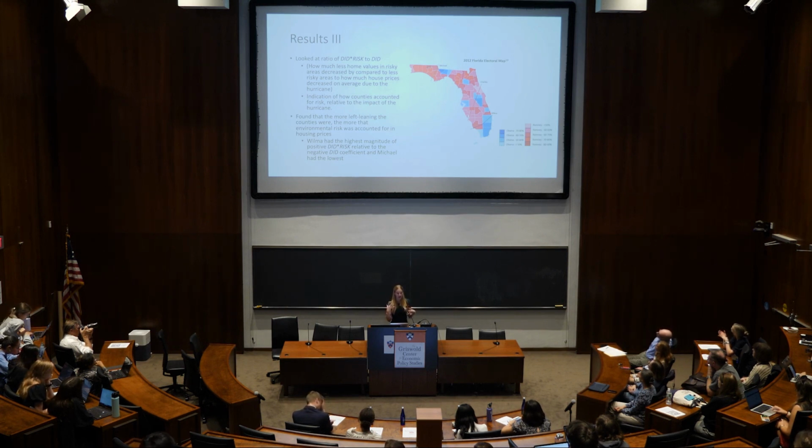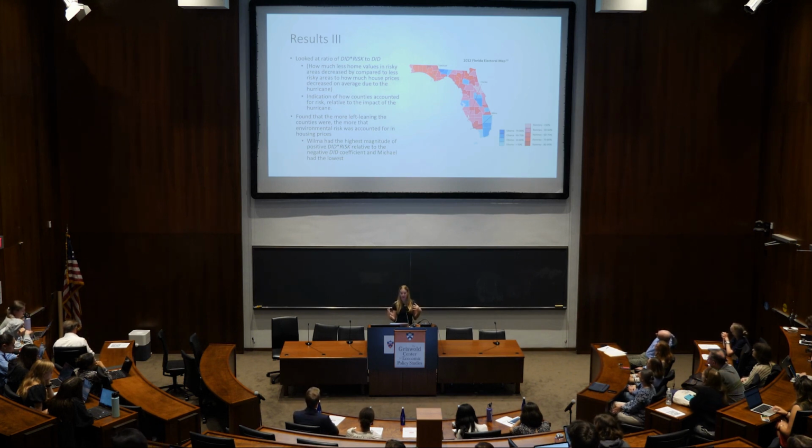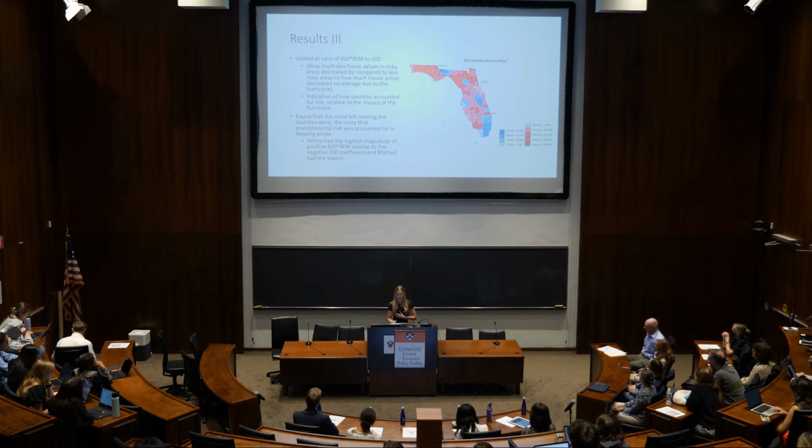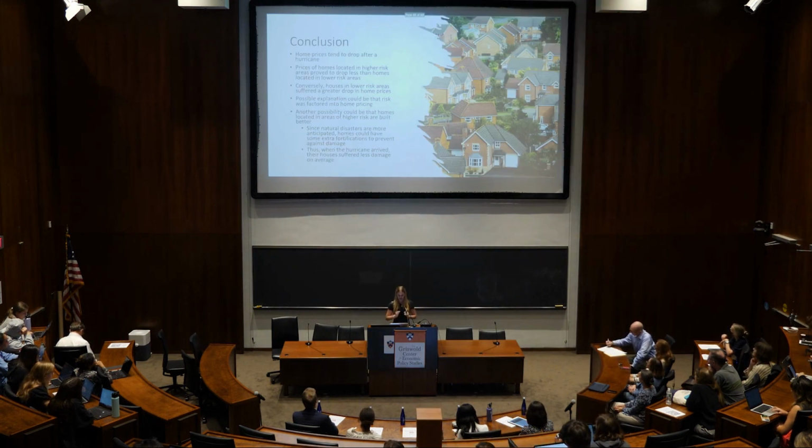I found it interesting that it lined up with how much these zip codes and counties did account for environmental risk. Wilma accounted for environmental risk the most, as opposed to Michael, which did the least. And it semi-lines up with the way these counties decided to vote. Of course this needs more research, but it could be interesting grounds for further research.